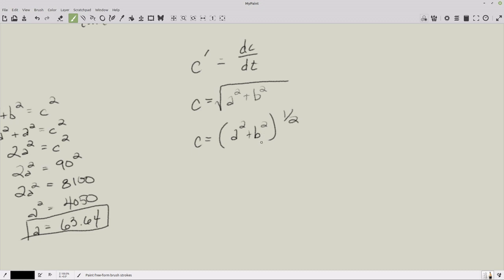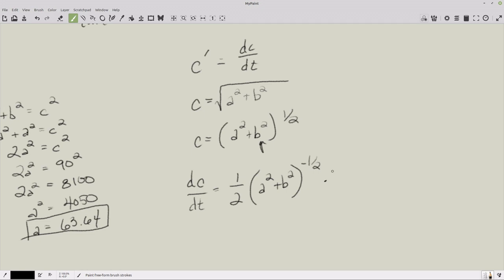So we know that this is a constant. So if I take the derivative of c with respect to time, I'm going to have the derivative of this outside value, which is going to be, you pull down the 1/2, and you have the inner half as is. It's going to be a squared plus b squared to the negative 1/2.